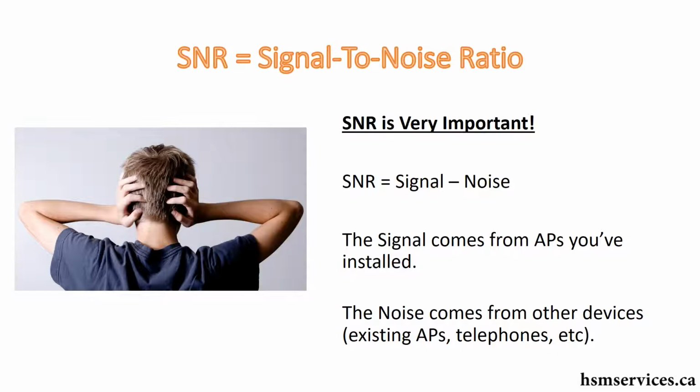You don't get the difference, you get the ratio because of the math. And I'm not going to go back to grade 11 or whenever they taught you logarithmic scales, but just know that the signal to noise ratio is signal minus noise. The signal is going to come from the APs that you're going to install, and the noise comes from other devices.